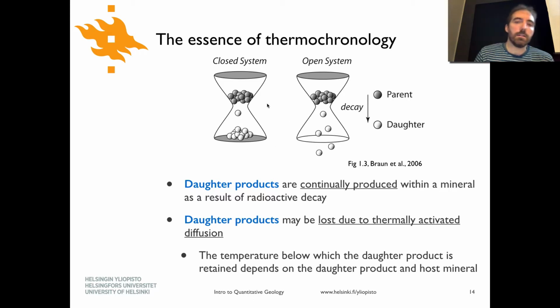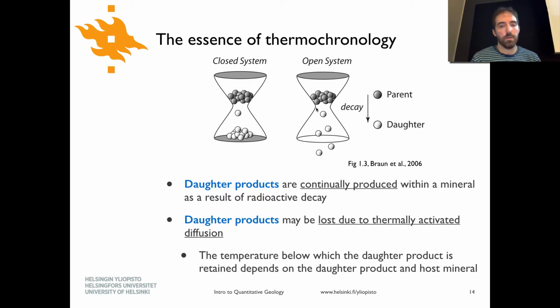The thing that's different between a geochronometer and a thermochronometer is this open system behavior. And that is a case where you have decay, you still produce a daughter product of some form, but the daughter product may not be trapped within the crystal.